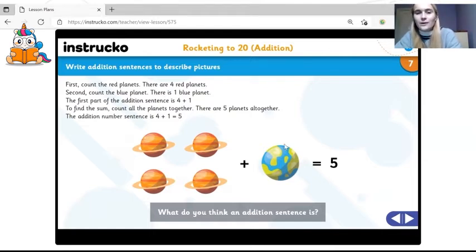Second, we count up the blue planets, and there's only 1 blue planet. So the first part of this addition sentence is 4 plus 1. And now we need to find the sum. To find the sum, we need to count all the planets together. So 4 plus 1 equals 5. So our addition sentence is 4 plus 1 equals 5.